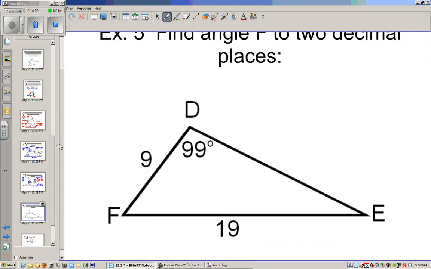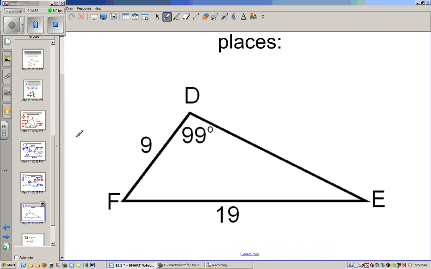They want us to find angle F here to 2 decimal places. Okay? Here we have angle D and side length D, we have side length E, we don't have angle E, we don't have angle F, and we don't have side length F. So what I'd like you to do is take some time to start this problem and give it a shot.